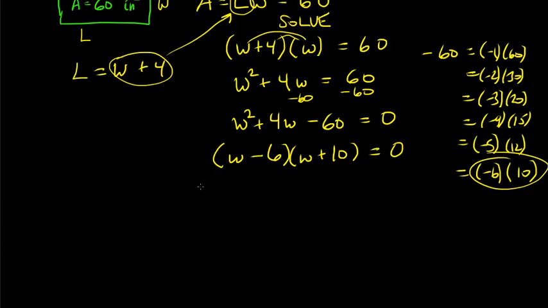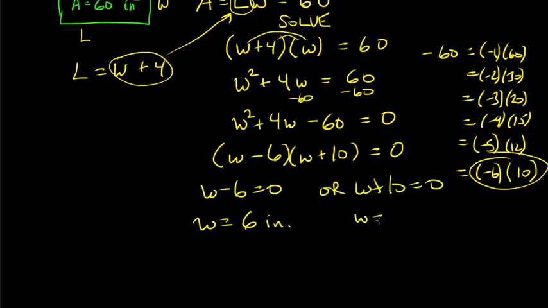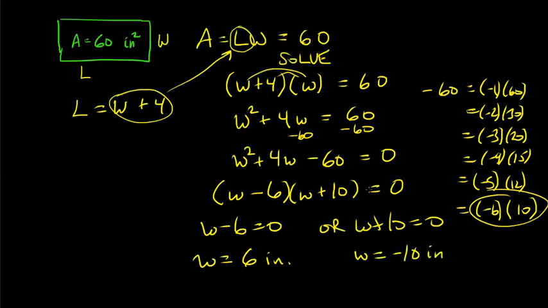Now just solve. W minus 6 equals 0 gives you W equals 6, and this is 6 inches. Or W plus 10 equals 0, giving us W equals negative 10 inches. Just like in the last problem, we're going to ignore the negative 10 because it's a length. It doesn't make sense to measure negative 10 inches.